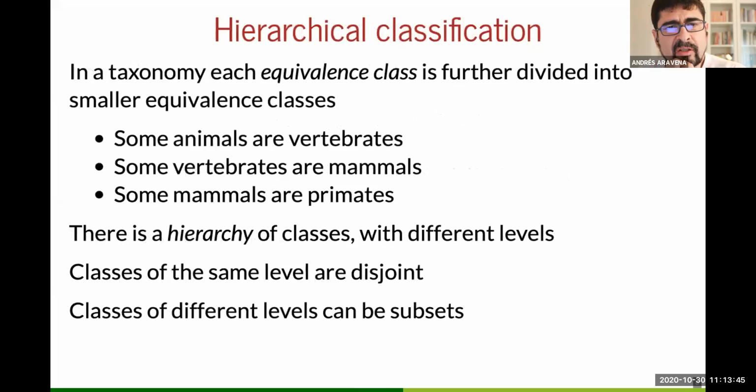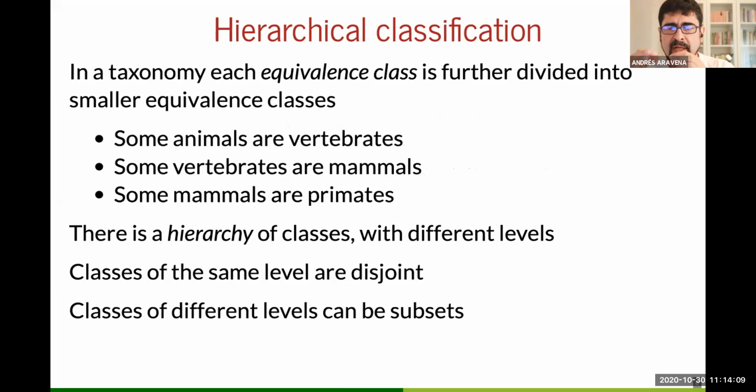In the case of a taxonomy, we do it hierarchically. We have a first separation of the set into big groups, and inside every group we separate again, and inside every group we separate again. So we get to very small classes, but these classes are contained in bigger classes.